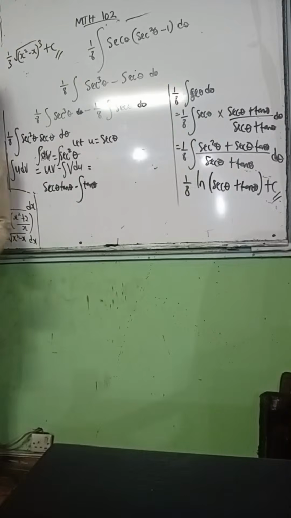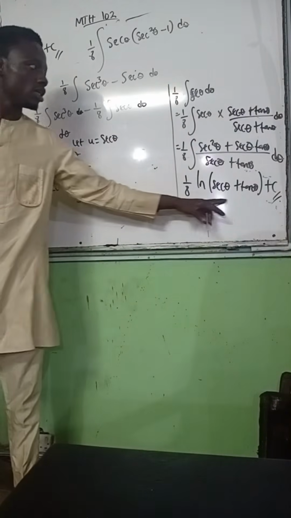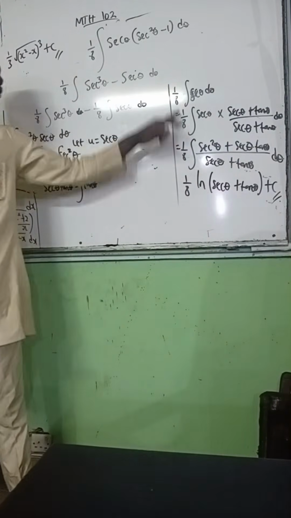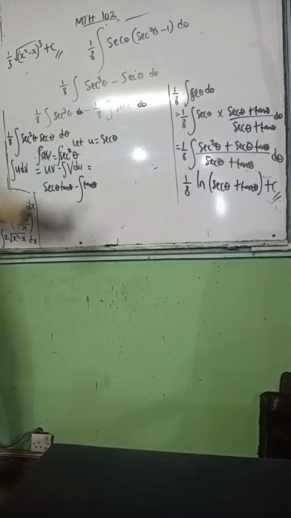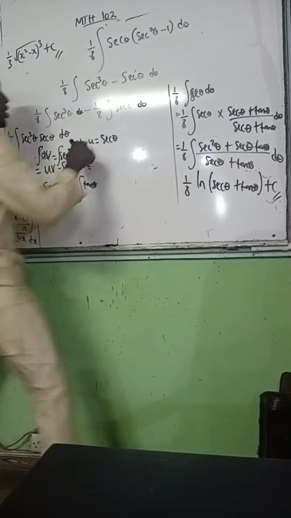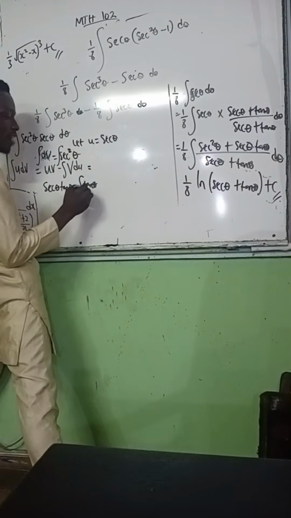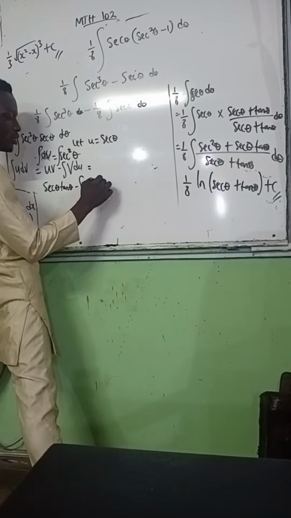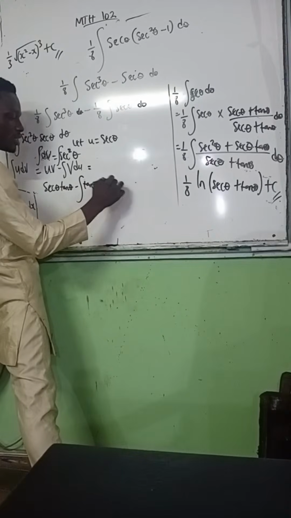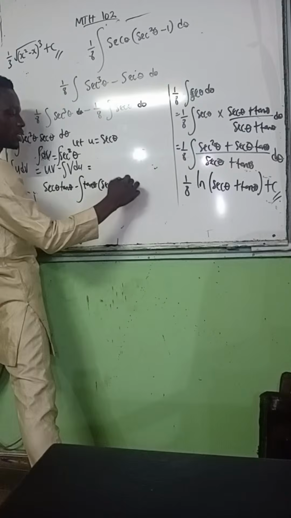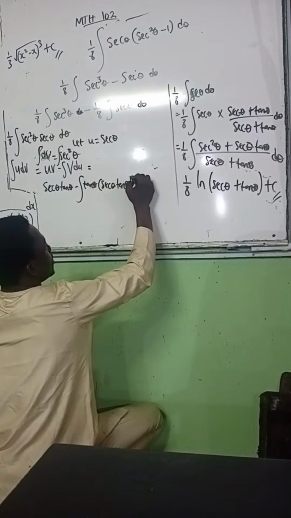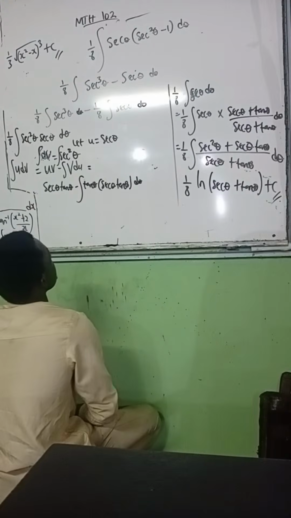If I want to differentiate sec theta, what do I get? Sec theta tan theta. So the integral of v du is the integral of tan theta times sec theta tan theta d theta.